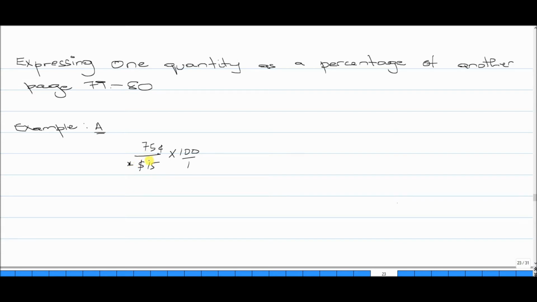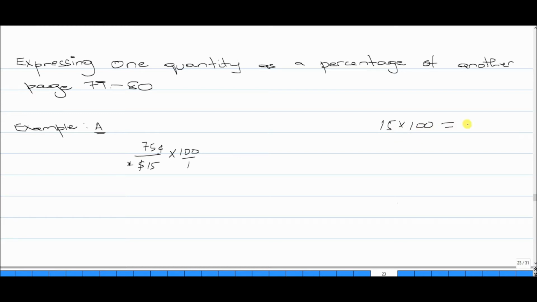Now, it is easier in this case to change our $15 into cents. And how would we do that? If $1 has 100 cents, we just multiply using our knowledge of powers of 10 and multiplication by powers of 10.